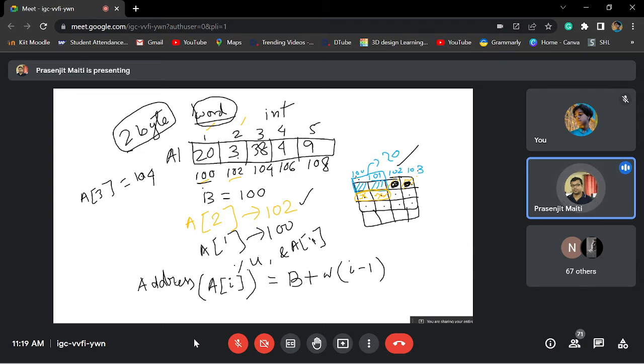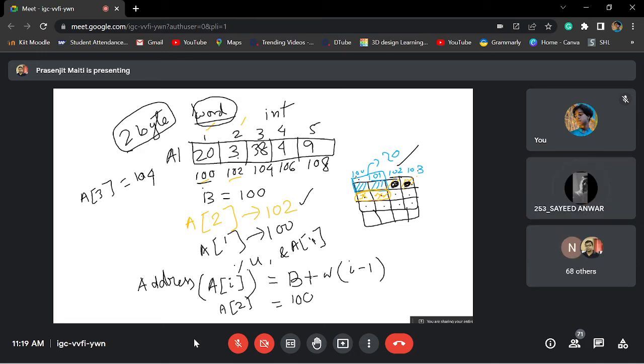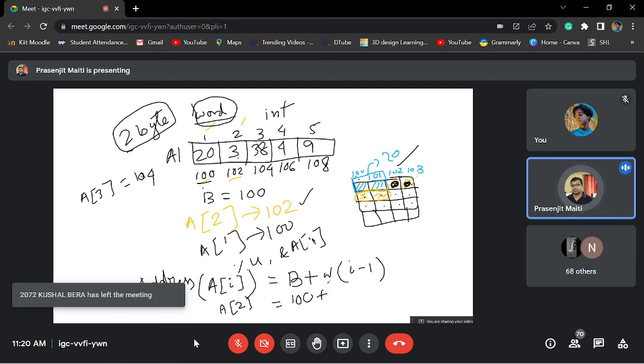Suppose we want to know the address of A2, the second element. What is the B value? B value is 100. 100 plus, what is the W? 2 bytes.